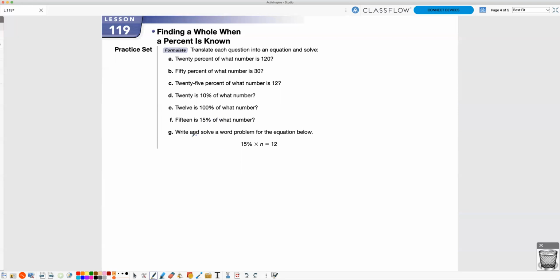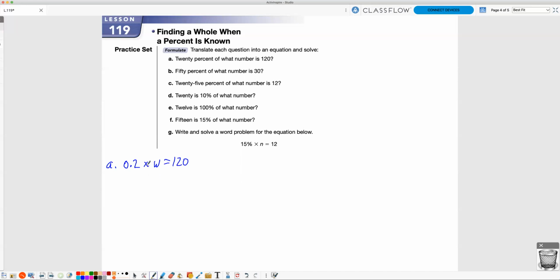Letter A, 20% of what number is 120? So here we go again, 20% as a decimal. Let me just start with that. 20% of, so that's multiplied. What number, let me just use the letter W, equals 120.